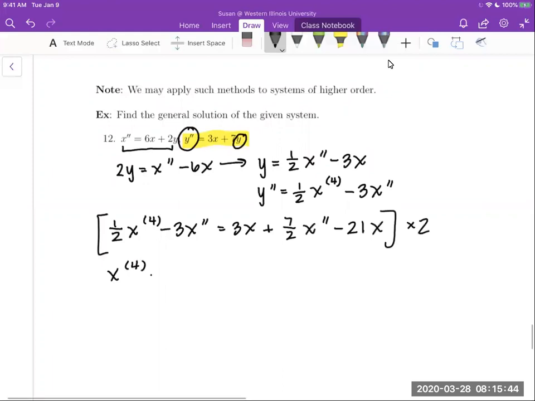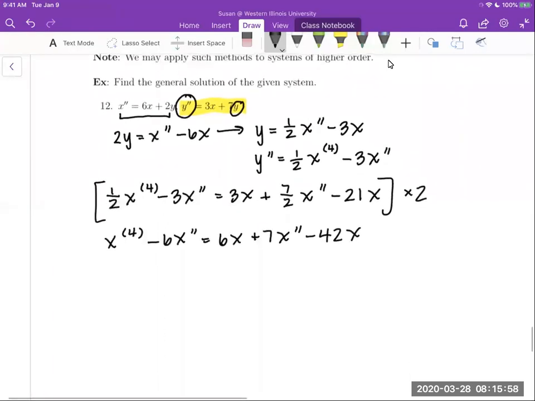Fourth derivative of x minus 6x double prime equals 6x plus 7x double prime minus 42x. And then finally move everything to the left-hand side. So that's going to give me the fourth derivative of x minus 13x double prime. And let's see, what's 42 minus 6? 36. So plus 36x equals 0.